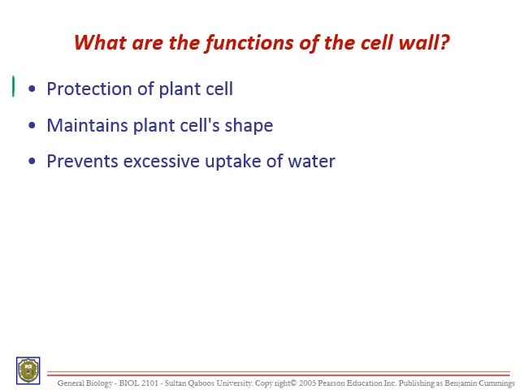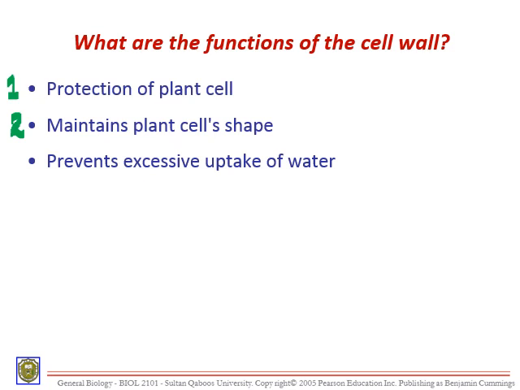Number one is protection, of course, since it is present on the outside of the cell, so it plays a role in protection of the plant cell. And number two, it maintains the plant cell shape. Now tell me, how would you describe the shape of a plant cell?